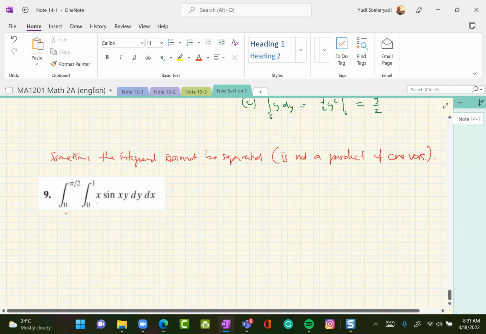You cannot separate the function of x and the function of y because somehow x and y are tied here.